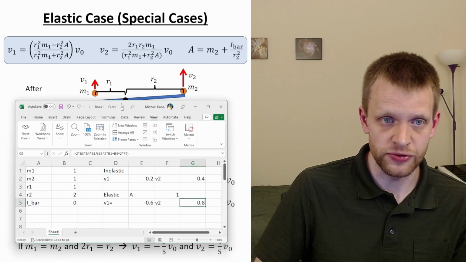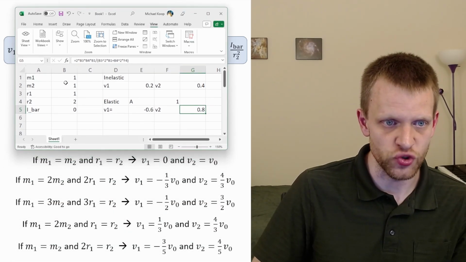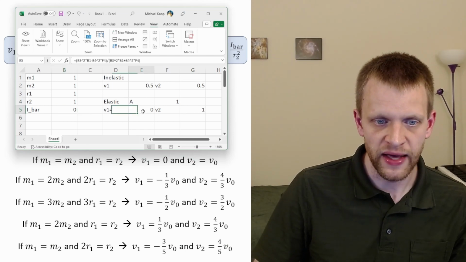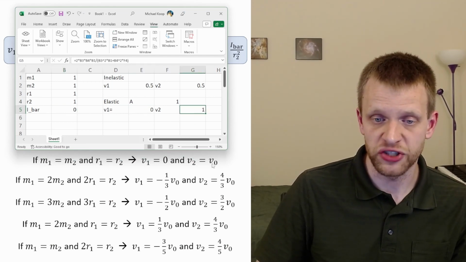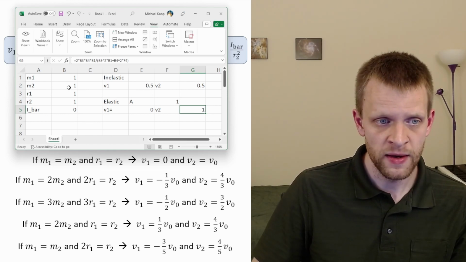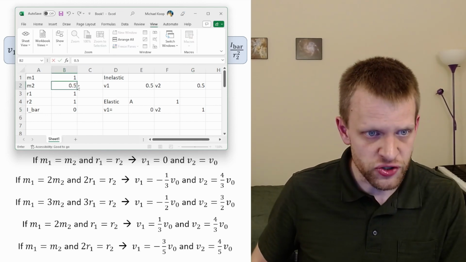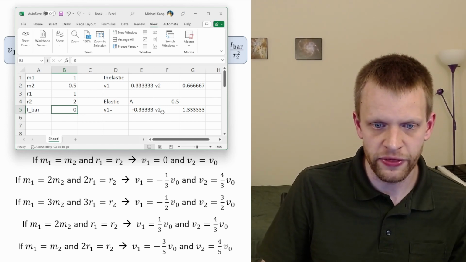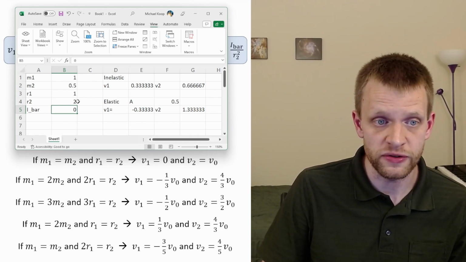So again, just to verify that this is working, if we set everything equal to begin with, then object 1 stops, object 2 just gets launched at the initial velocity of object 1. If I have m2 is half the mass at double the distance, well, there's our negative 1/3 and our positive 4/3.